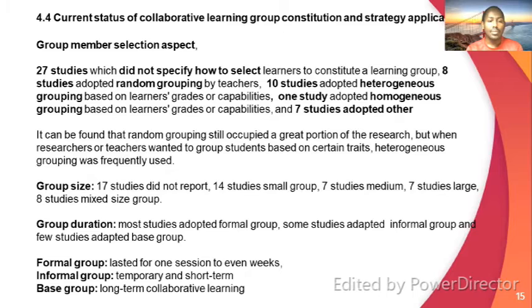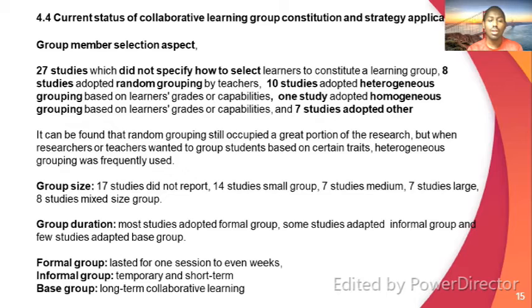Group size: 17 studies did not report the group size, 14 studies used small group, 7 studies medium, again 7 studies large, and 8 studies used mixed group size. Regarding group duration, most studies adopted formal group, some studies adopted informal group, and few studies adopted base group.